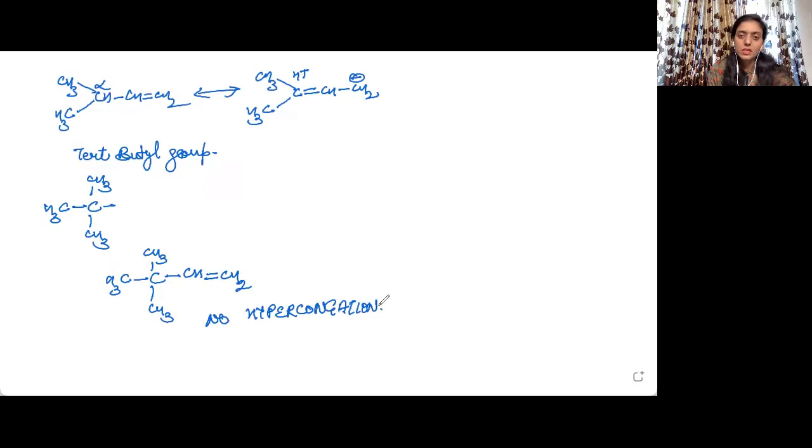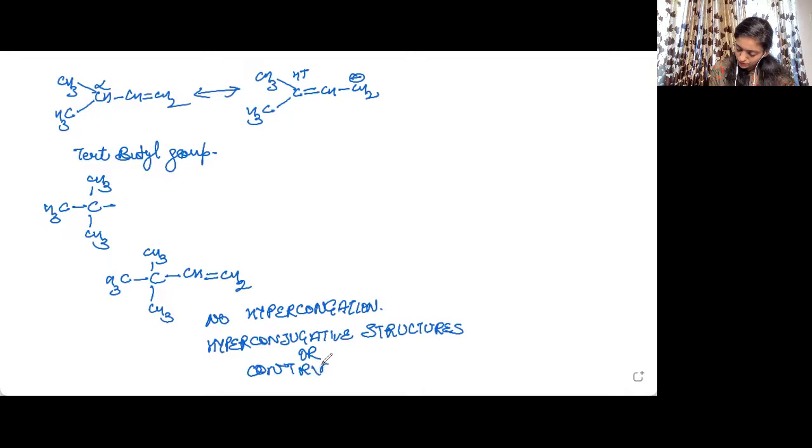The various structures formed during hyperconjugation are known as hyperconjugative structures, or contributing structures. Good enough. Now we will move into the orbital explanation of hyperconjugation and applications of hyperconjugation, which will be in the next video.